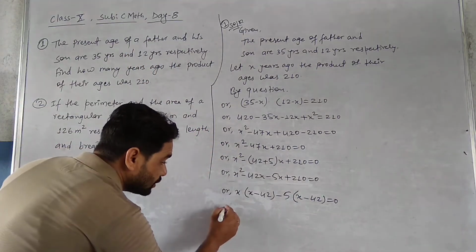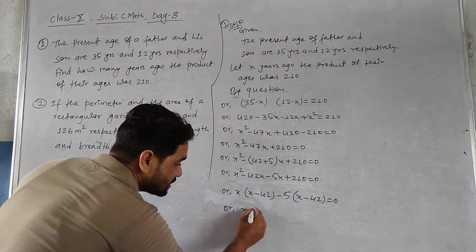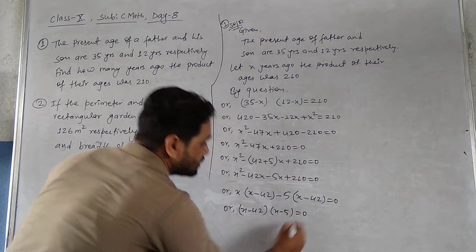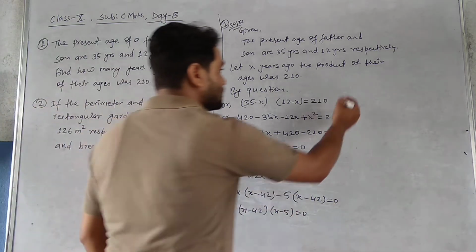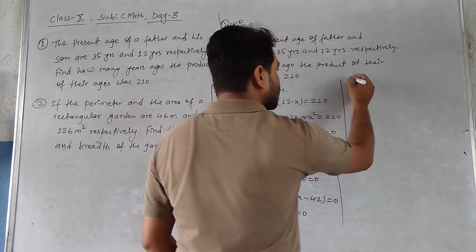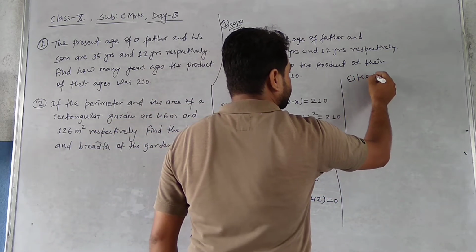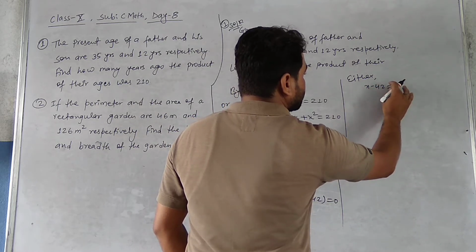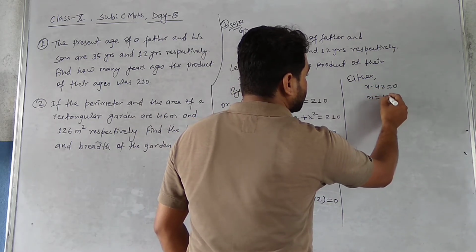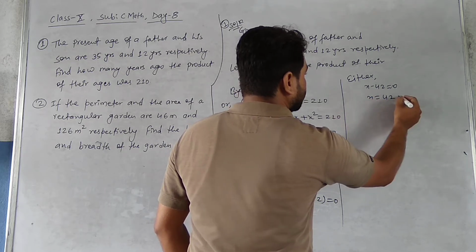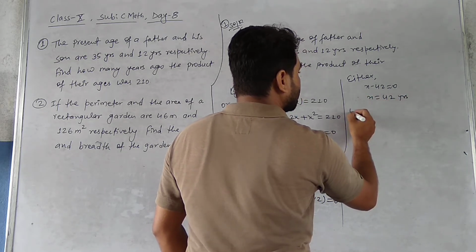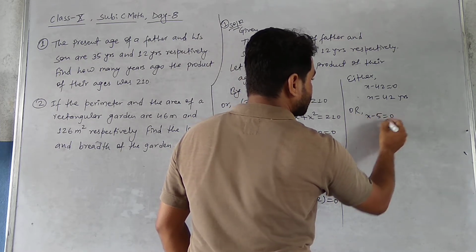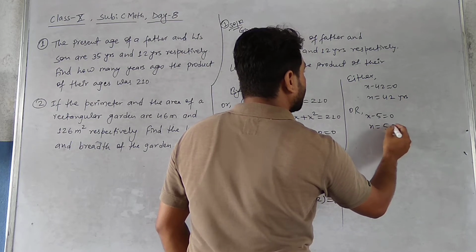So let's write the bracket at first, that is x minus 42, and then x minus 5 equals to 0. Now let's do either and or. Either x minus 42 equals to 0, that means x equals to 42, or x minus 5 equals to 0, x equals to 5.